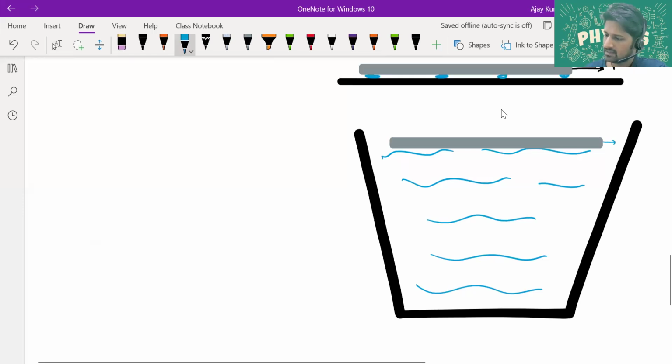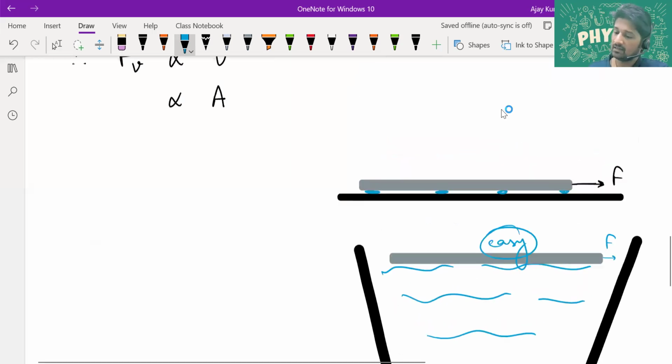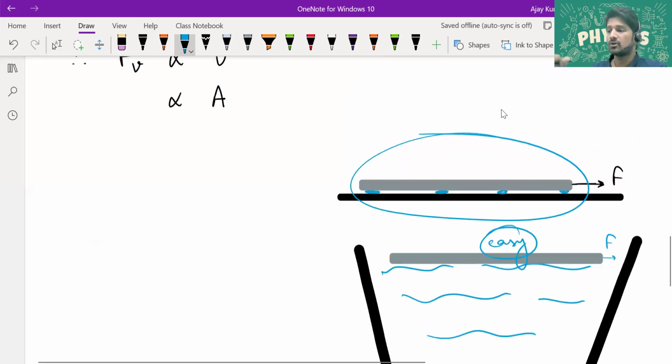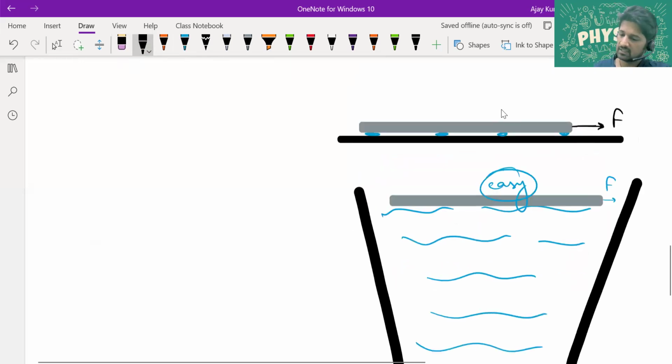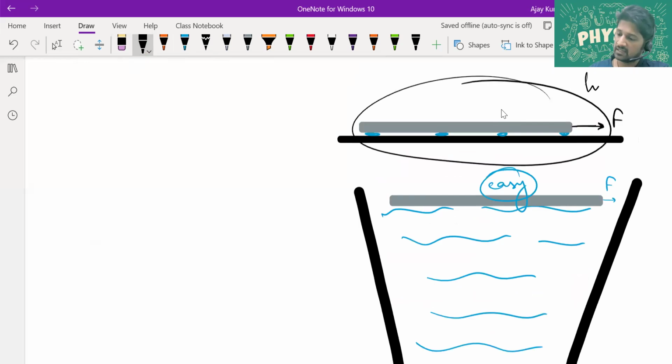In this case, you will see that it is relatively easy to slide the sheet compared to sliding it on the few drops of water spilt on a table. What does that mean? It means in the first case, the viscous force is higher than in the second case.